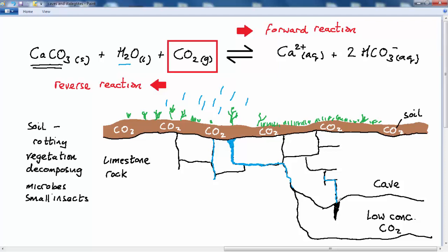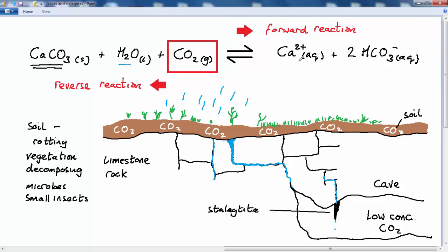Okay, so the water comes in, drips down, the reverse reaction takes place, and calcium carbonate is formed as the stalactite. Some of this reverse reaction will take place in this stalactite, but some of the water still remains. It drops down, drips onto the floor, where the same process occurs.